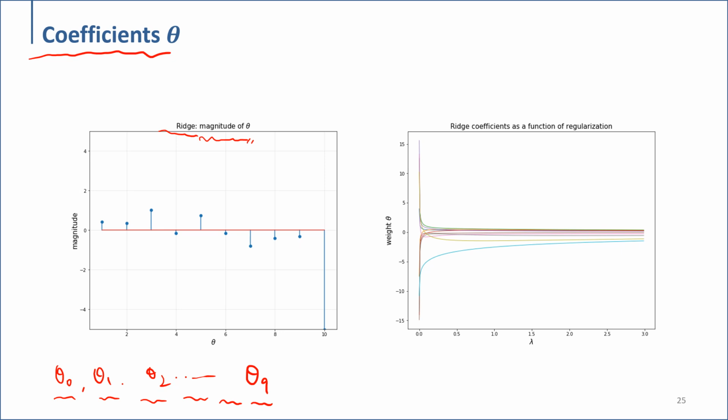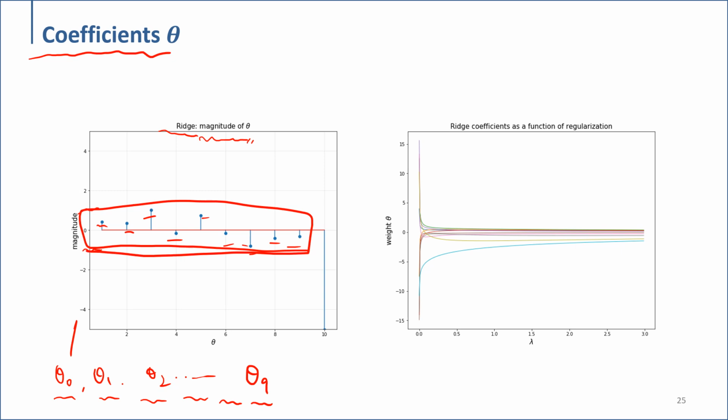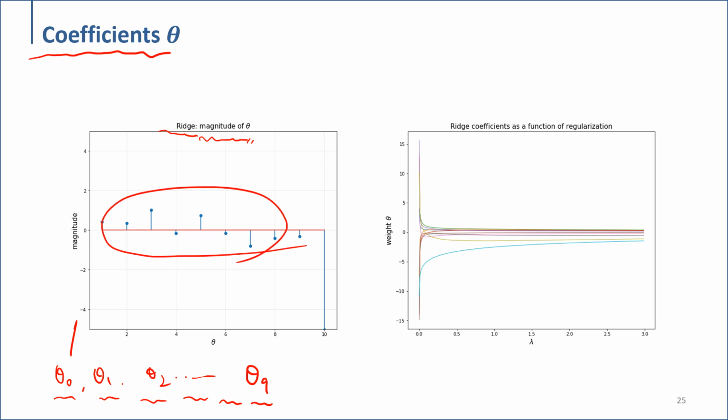When we plot the magnitude of each theta value, we can see that the magnitudes are relatively small, so those parts did not affect the model much.